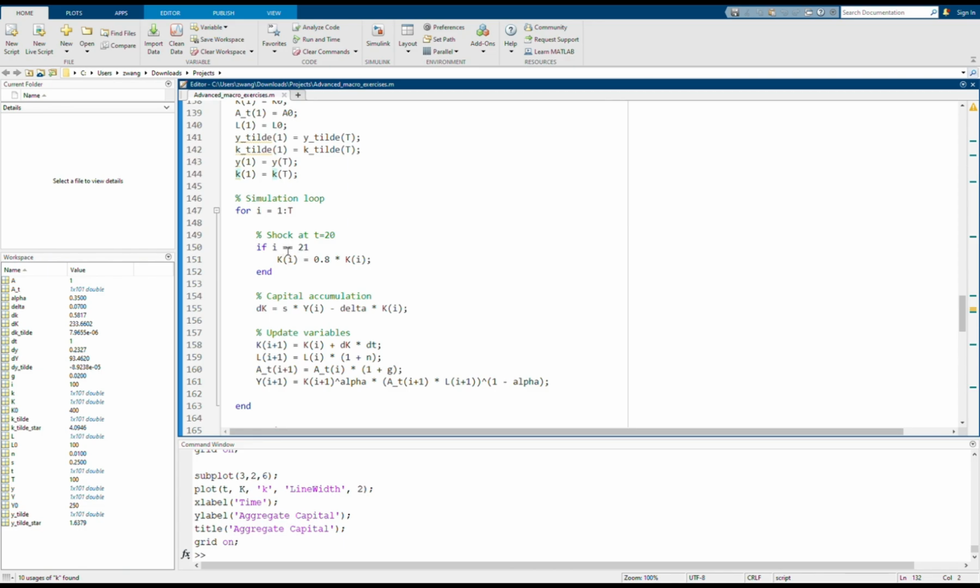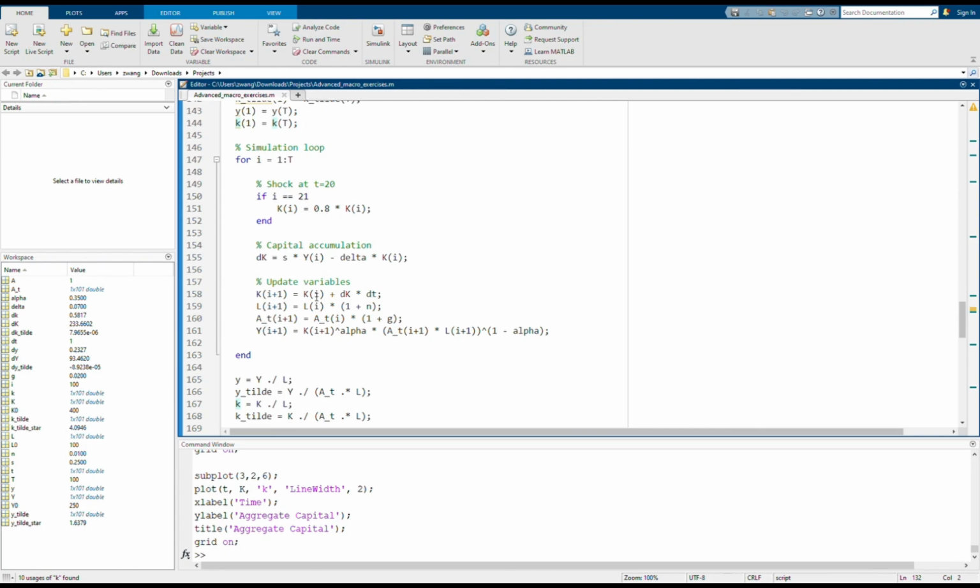If it's at time period 20, then the total capital stock should be destroyed by 20%. So the capital stock at t equals 20 should be equal to 80% of the original capital stock. And the capital accumulates in this way, which we have also seen in the slides. Then I update variables accordingly, mainly according to the capital accumulation.